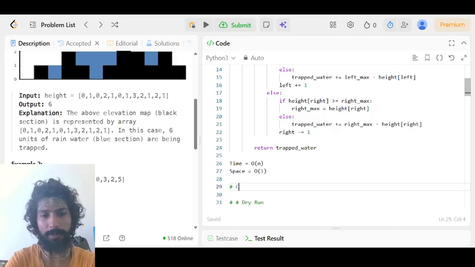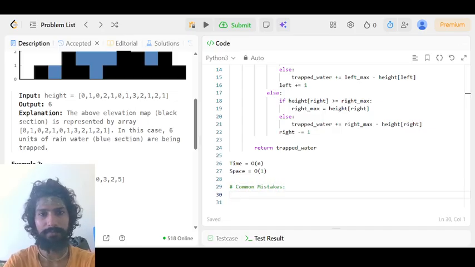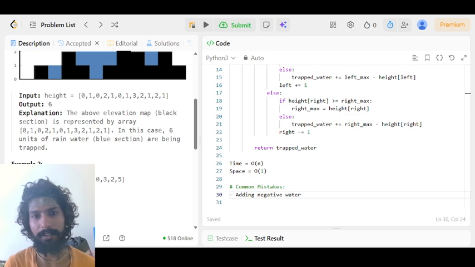Now let us discuss the common mistakes. First is adding negative water. Never directly add left max minus height left without checking whether left max is greater. Update the maximum when the current bar is taller.